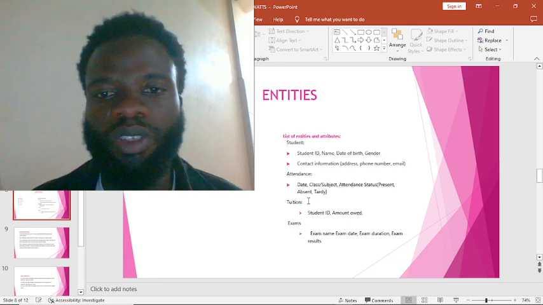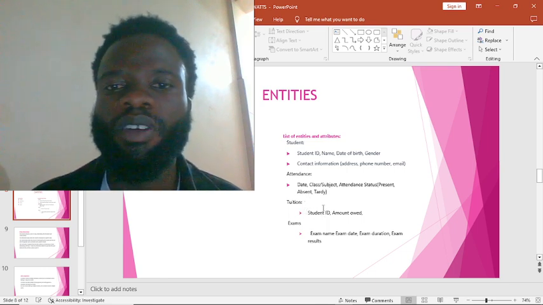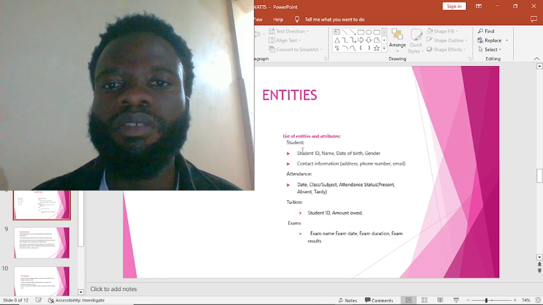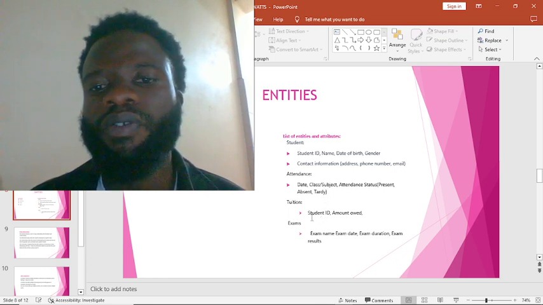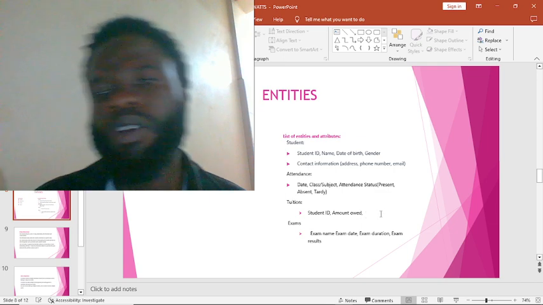The tuition table, the tuition entity's attributes: student ID. This student ID is from the student table and will act as a foreign key in the tuition table, and the attributes are amount owed, among others.